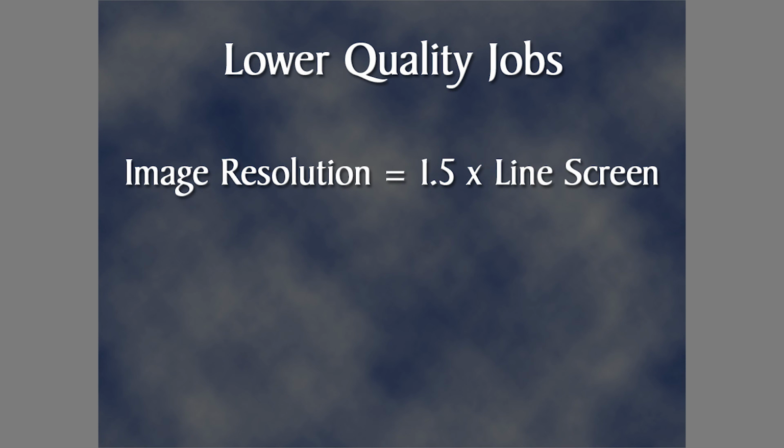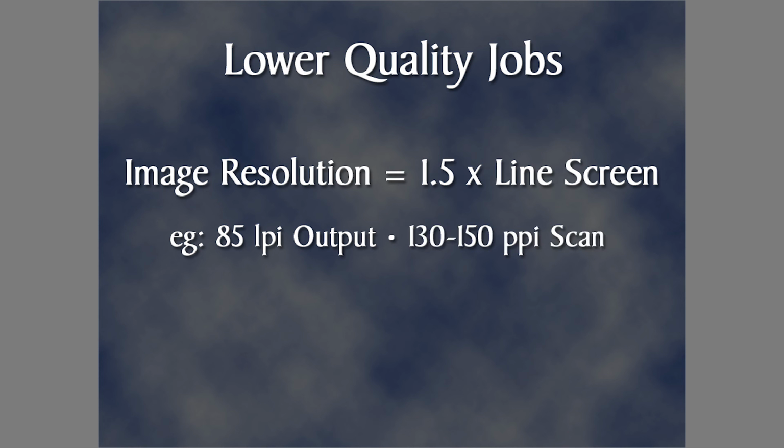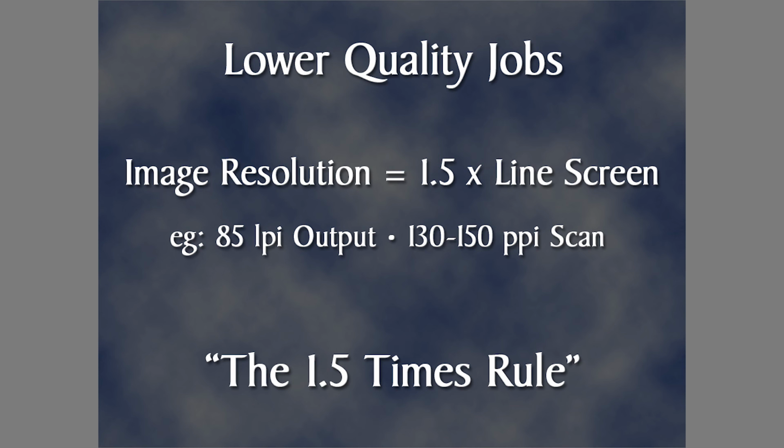When printing on lower quality media, like newsprint, it's adequate to use an image resolution that's only 1.5 times the resolution of the line screen. So a digital photo intended for newsprint at 85 lines per inch does not have to contain 170 pixels per inch. You could get by with 130 to 150 pixels per inch and achieve a desirable result.